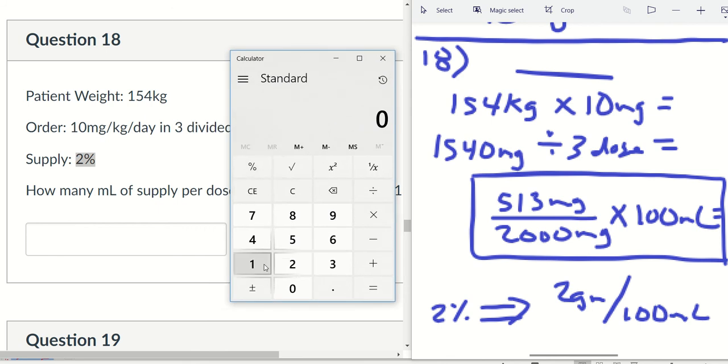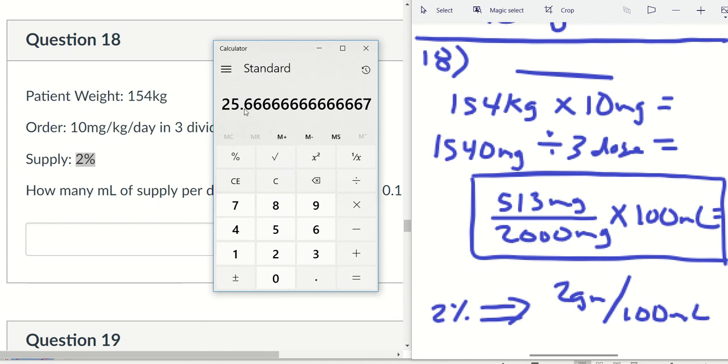So we got 154 times 10 divided by 3 divided by 2,000 times 100. So they want it to the nearest 0.1. So 25.7. That's what you want to enter.